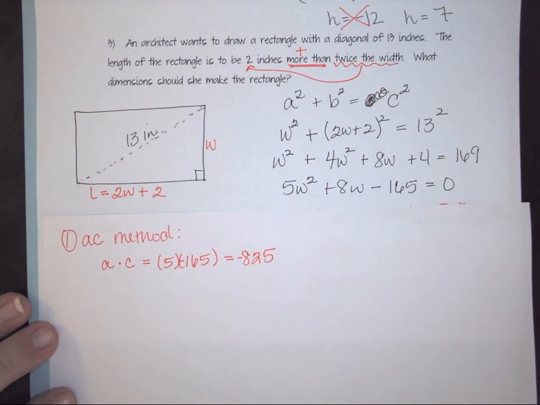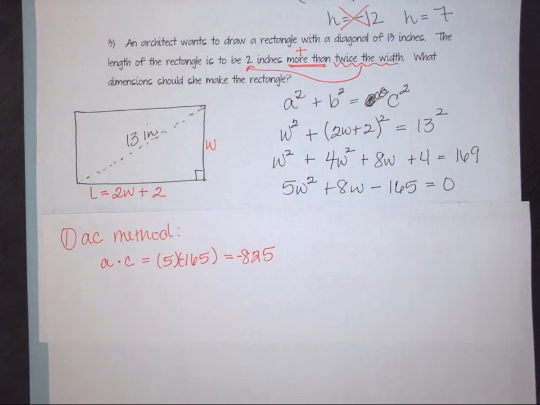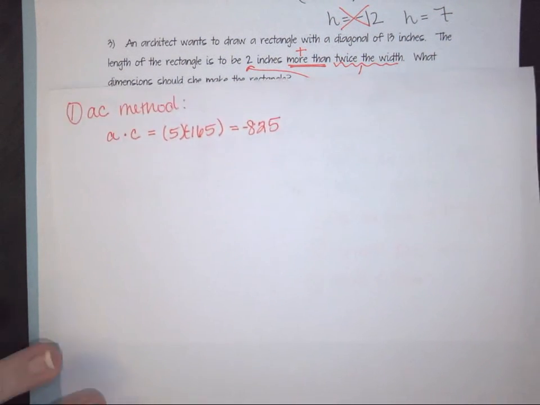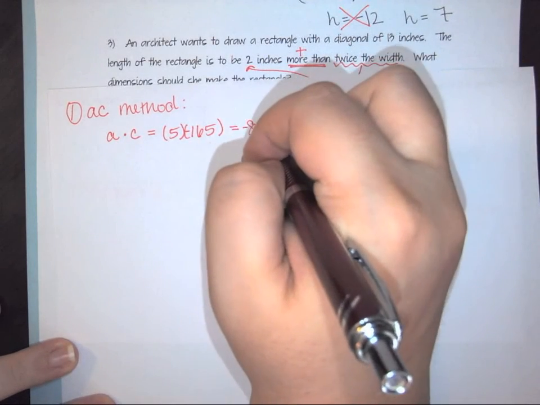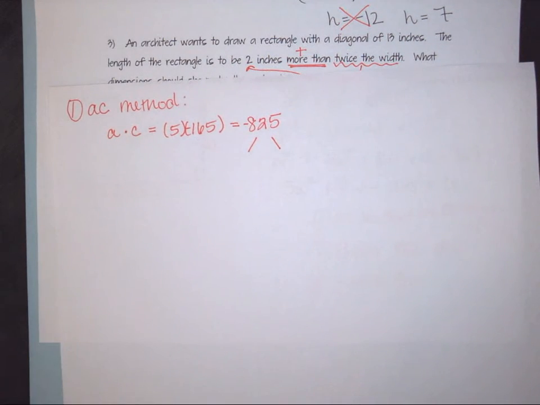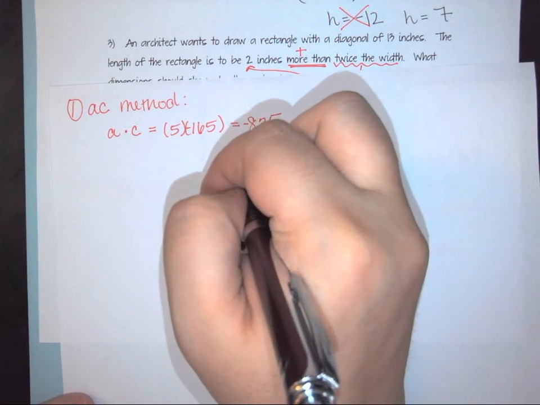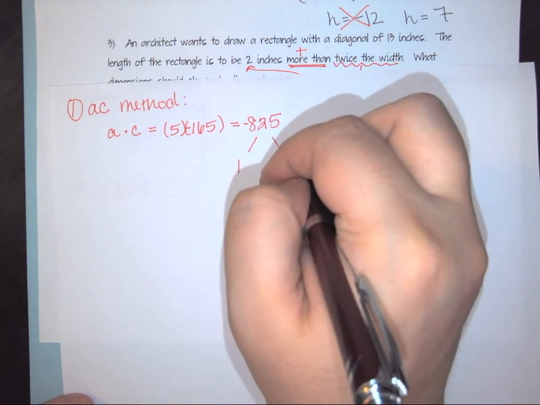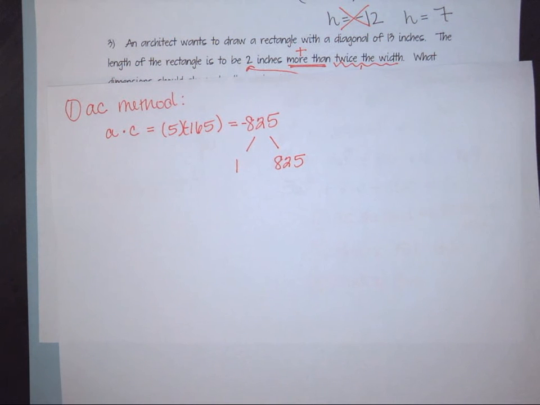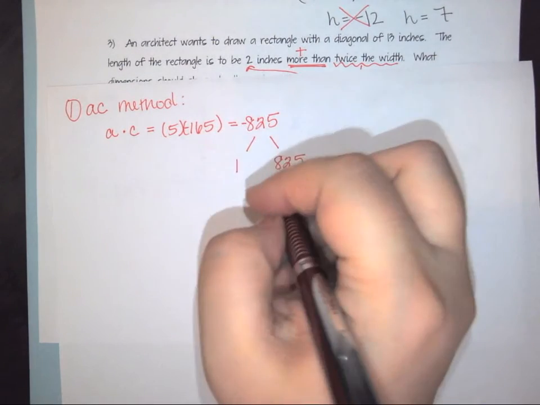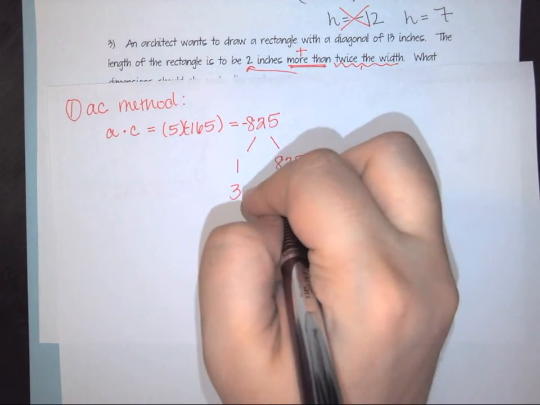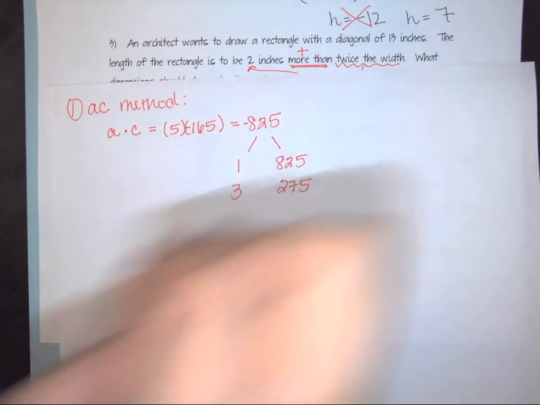Now with that, I need to find a combination that's going to give me 8. So when I'm looking at 825, the next thing that you need to do is we need to start finding those factors. So we have 1 and 825. We have 3 and 275.